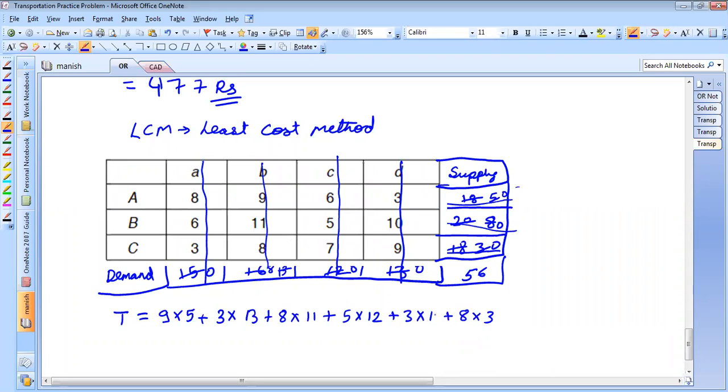So 3 into 15. Okay. Let us check. Rest of eliminate.